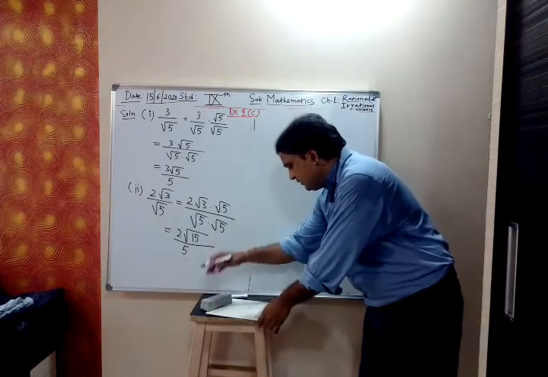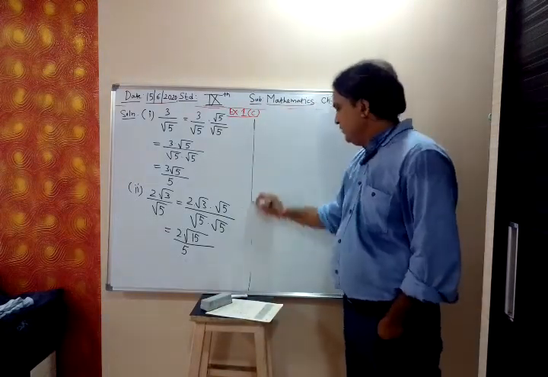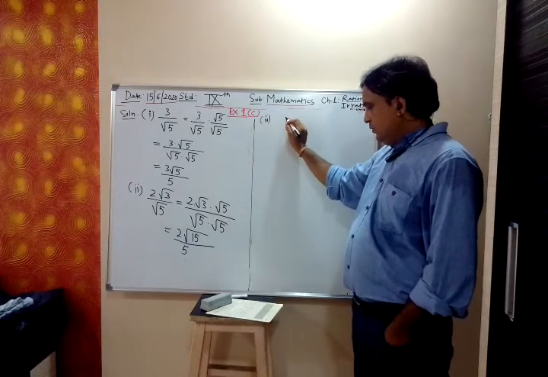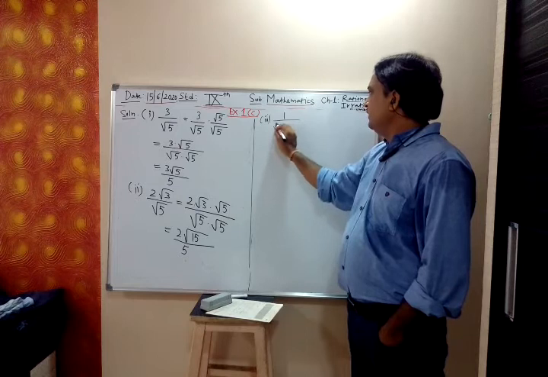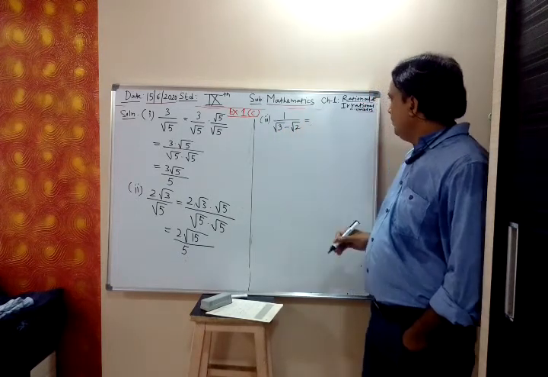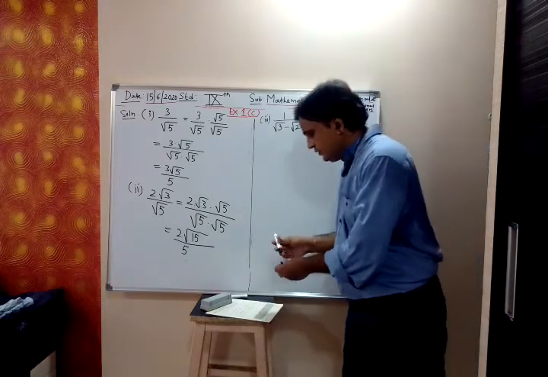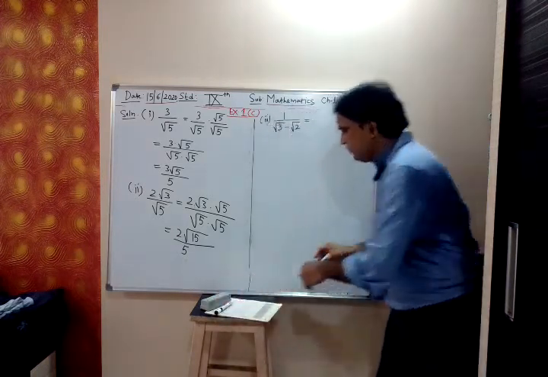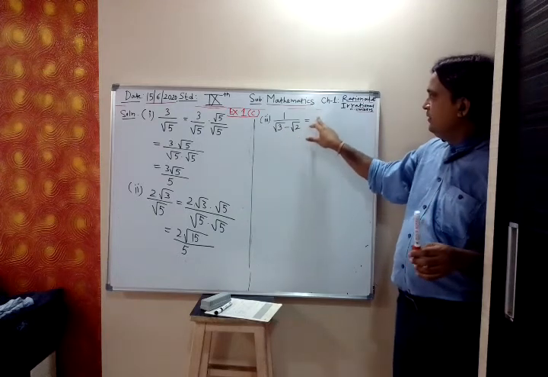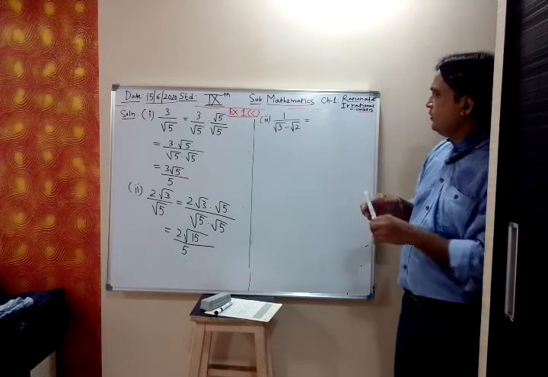Let us take the third one, 1 upon root 3 minus root 2, and the denominator I have to rationalize. What will you do? Yes, so root 3 plus root 2, I will multiply numerator and denominator both.